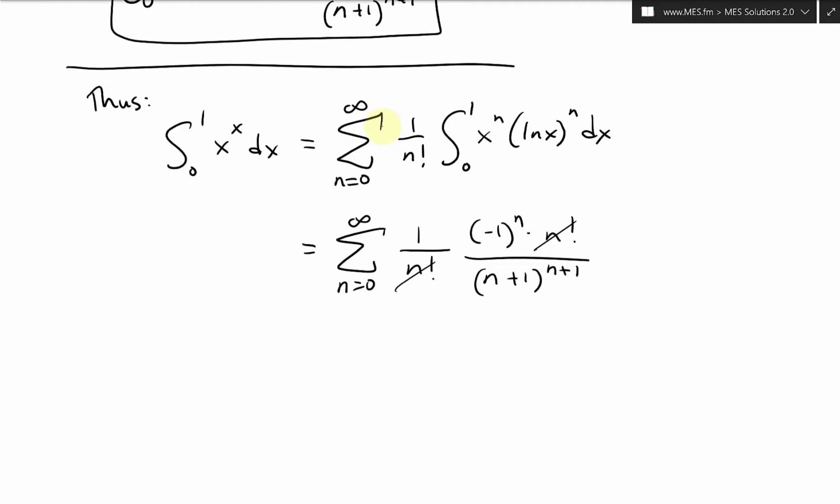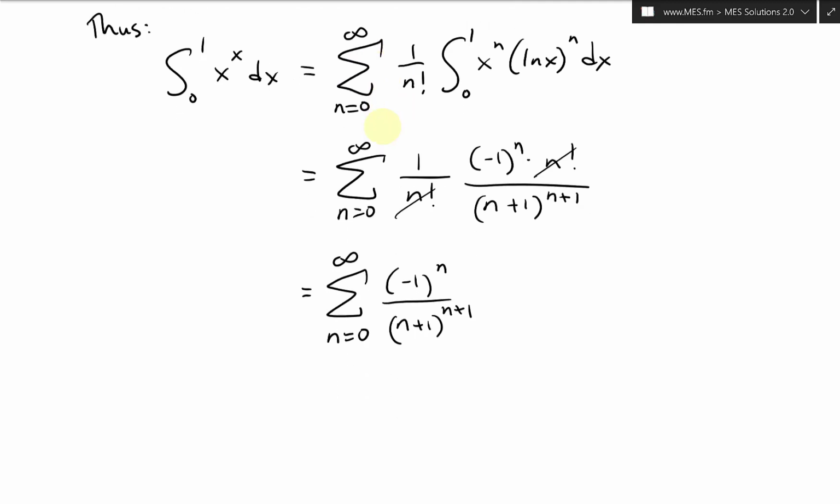And we are left with the summation from n equals 0 of negative 1 to the n over n plus 1 to the power of n plus 1.